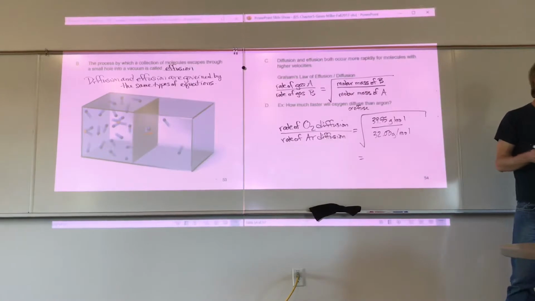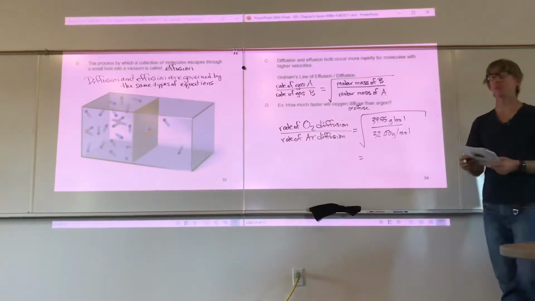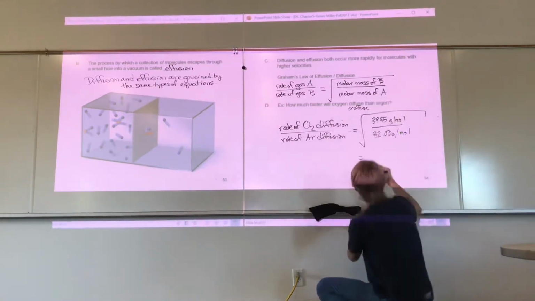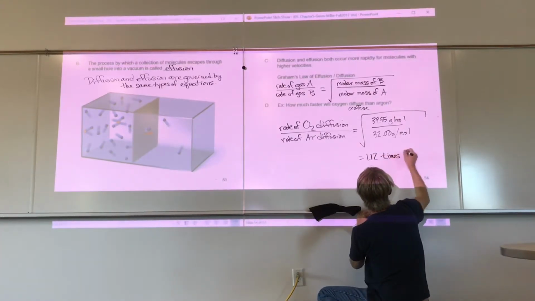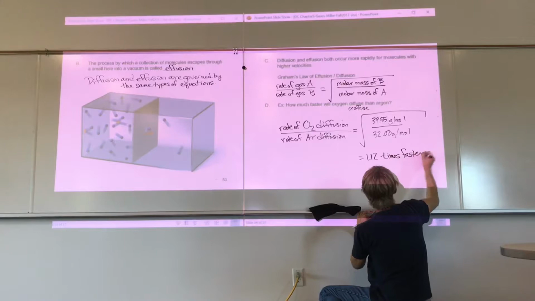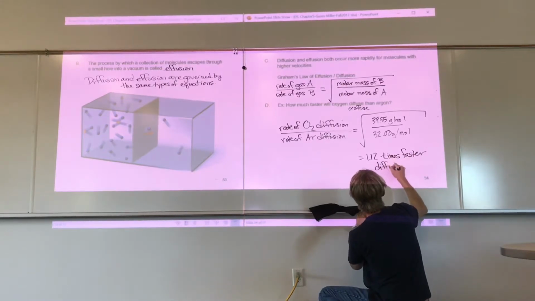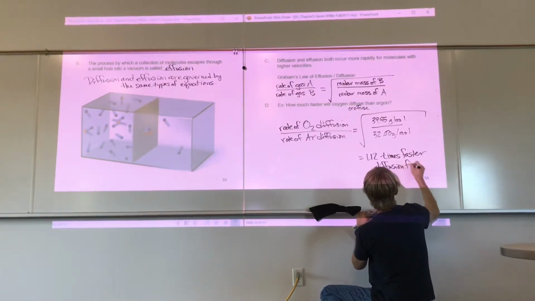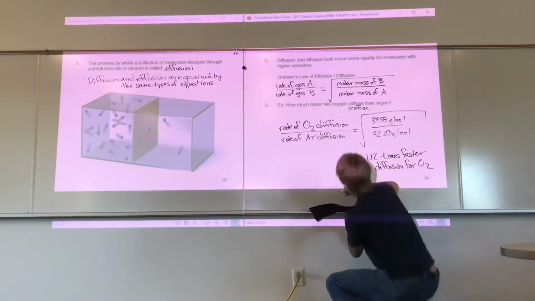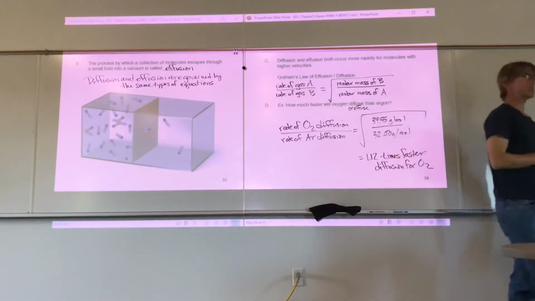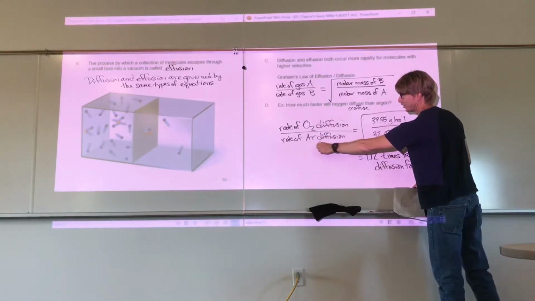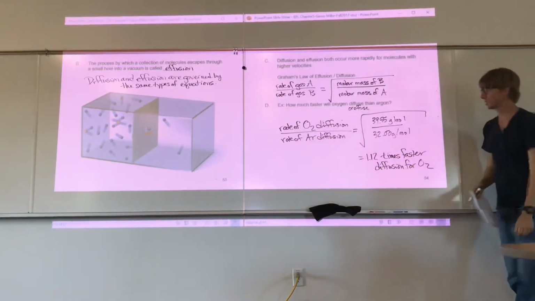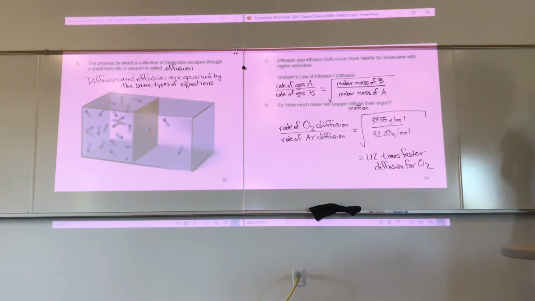And I get 1.12 times faster. And really 1.12 is your answer, because if you said rate of diffusion of these two, it's equal to 1.12, but our point is that it's actually faster diffusion for the oxygen.